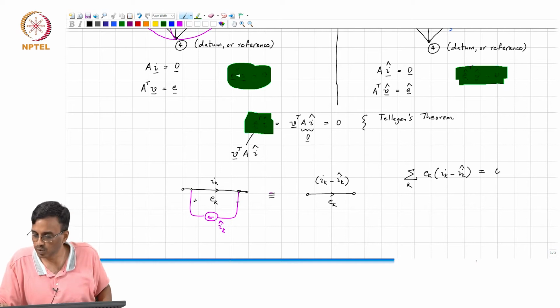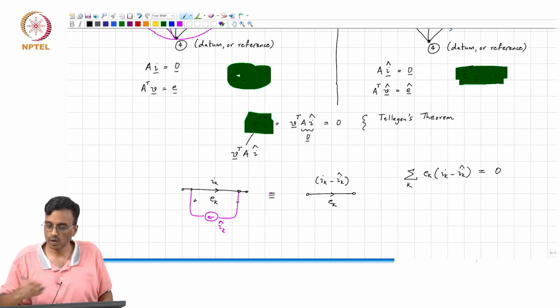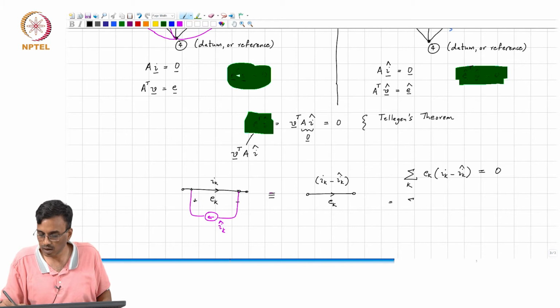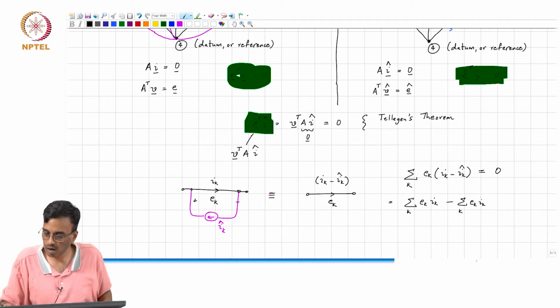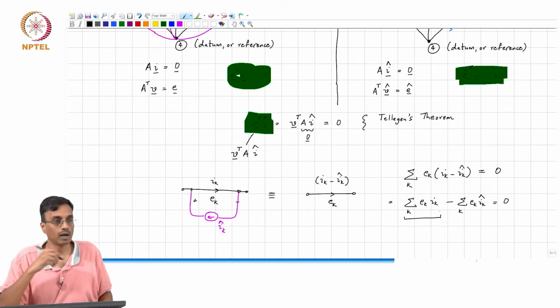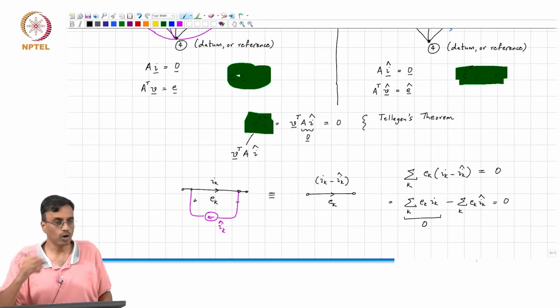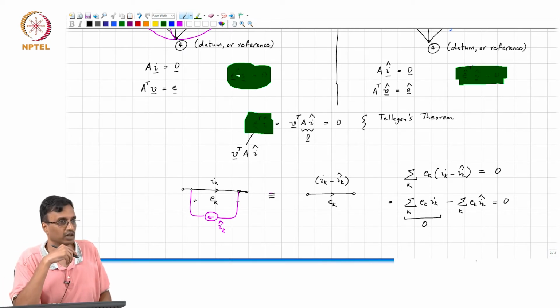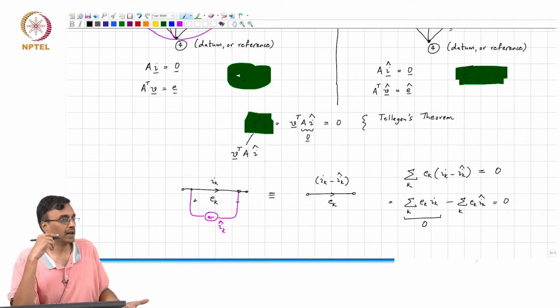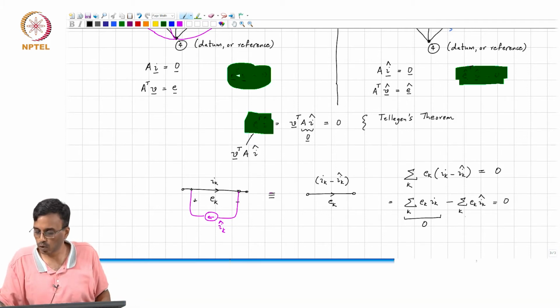Well, energy conservation says that this must be 0. What do we know about this? The sum of Ek times Ik is 0 because that is energy conservation with respect to the original network, and therefore, it must follow that the sum of Ek times Ik hat is also equal to 0.